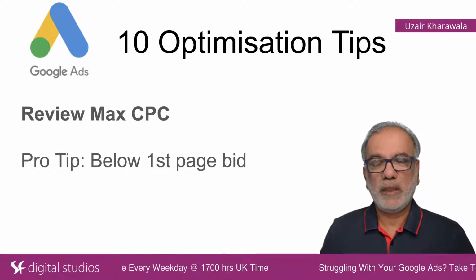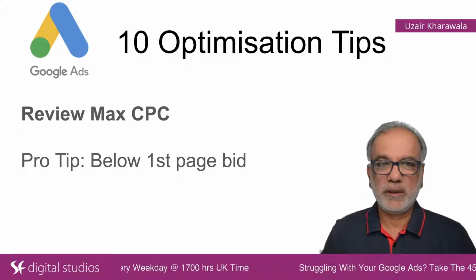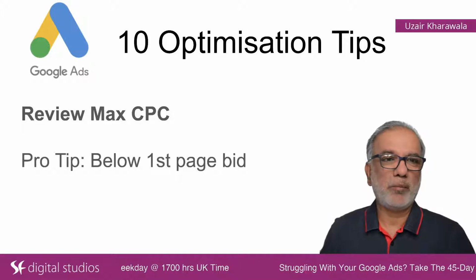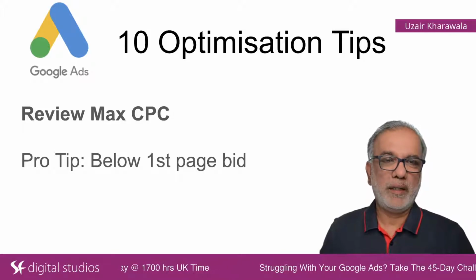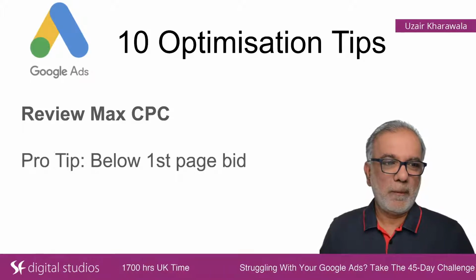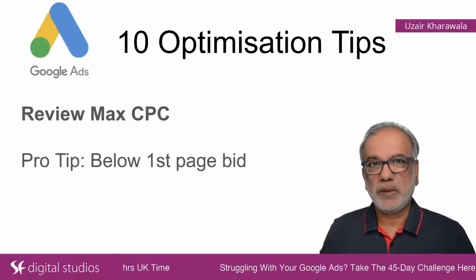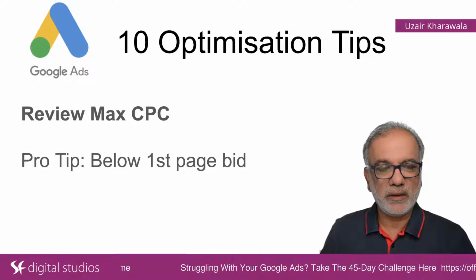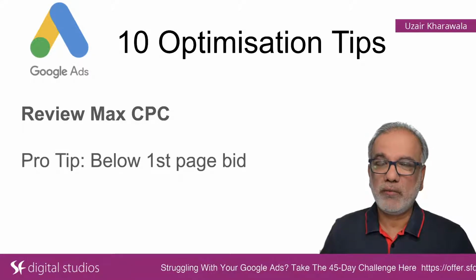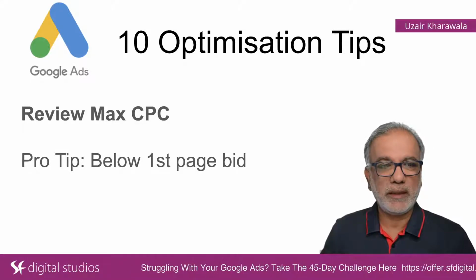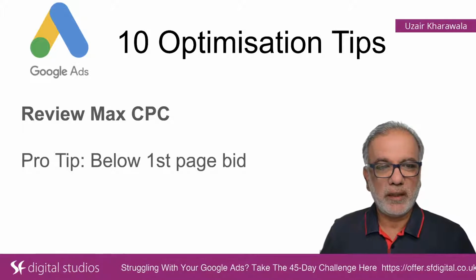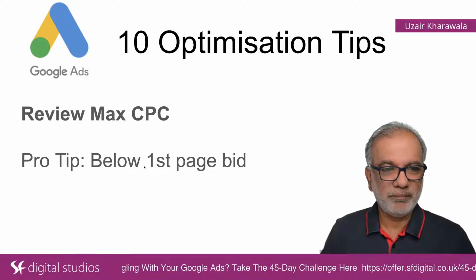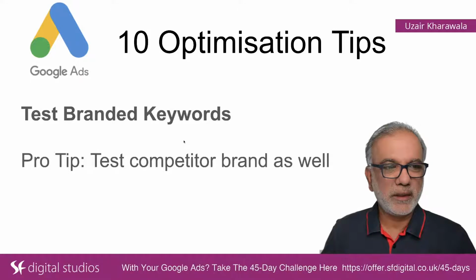If I'm losing out on a lot of search impression share, then I know for a fact that my bids are not competitive enough, because Google took away the average position last year, and you can't see what your average ad position is for your ads. So the best way to look at it is having a look at the search impression share.